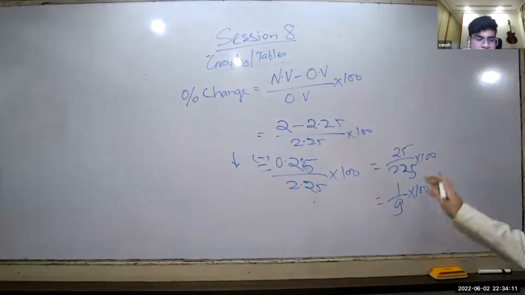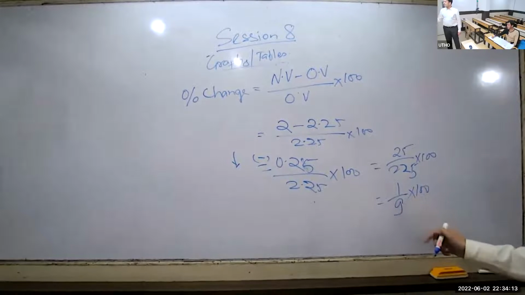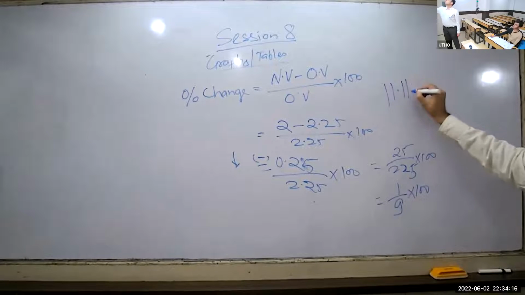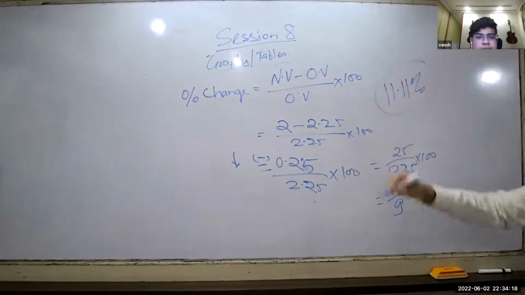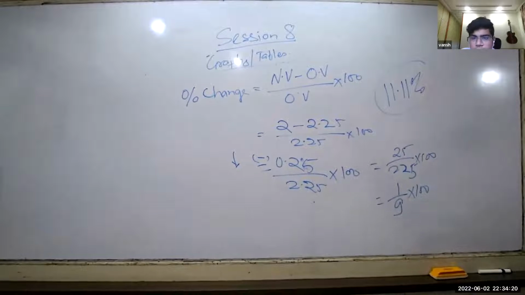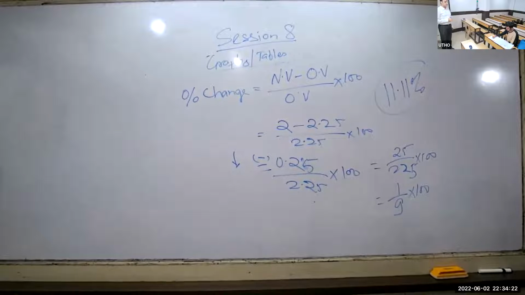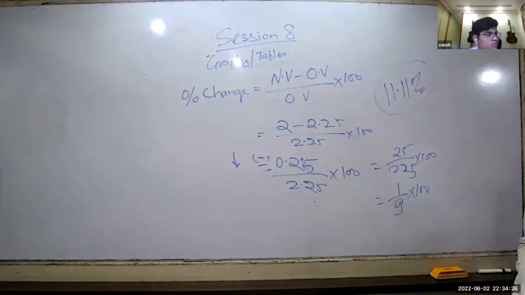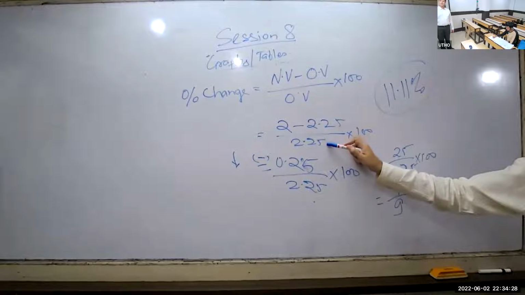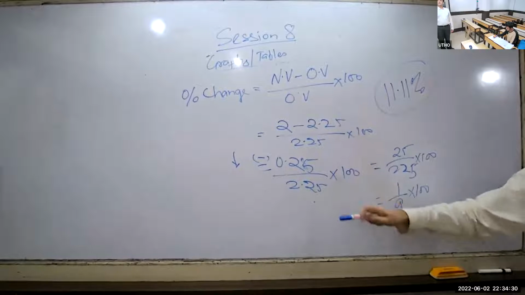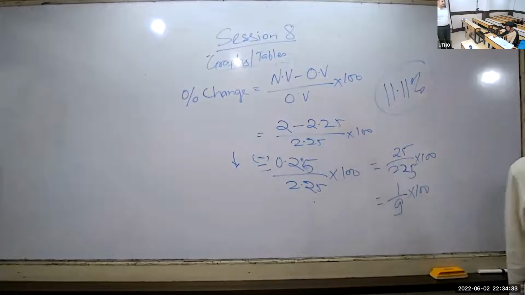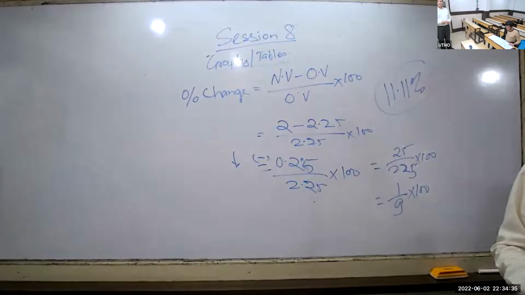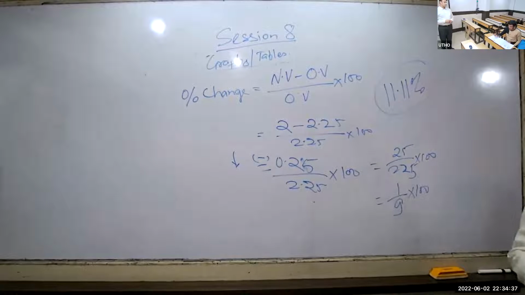And 1 upon 9 as a percentage will be 11.11%. So the answer is 11%, closest to option B. Correct. If the difference here had come positive, it would be an increase. It came negative, so it means a decrease.